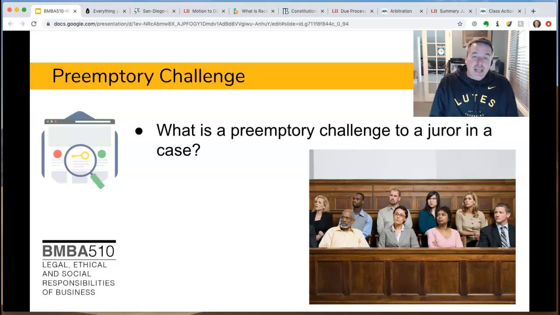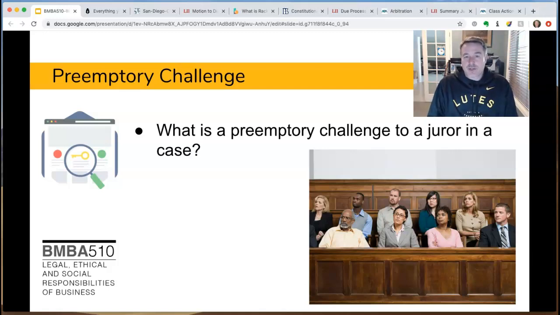And then after that, the lawyers have a certain number of these peremptory challenges, which means each side can dismiss up to the maximum number, whatever is set for that case, of jurors, no questions asked, just because they think maybe they're not favorable to them.